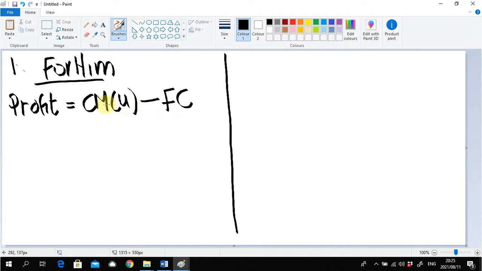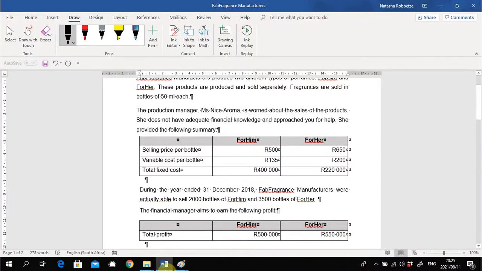At this point, we have been given the contribution margin. We can calculate it. We've been given the units and we have the fixed cost. If I go back to for him, I can calculate the contribution margin as the difference between the selling price and the variable cost.